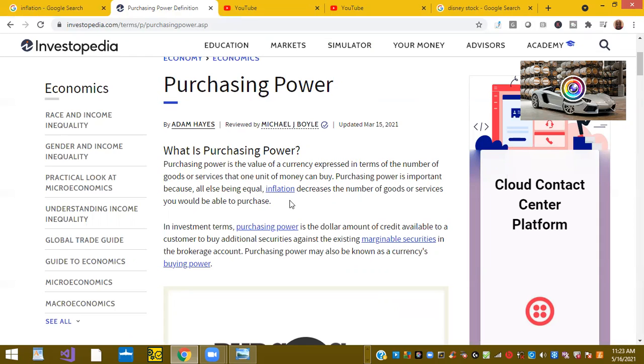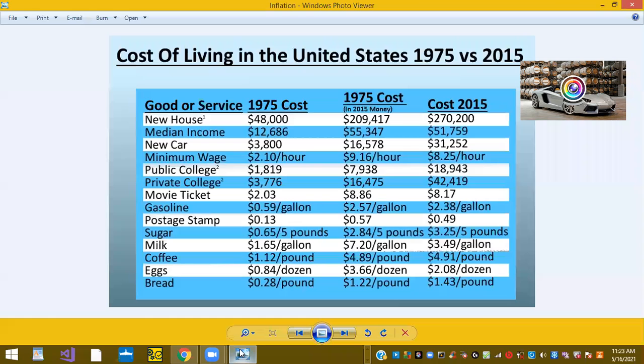So I've got a chart here, and it shows the cost of living from 1975 versus 2015. And I know we're up to 2021, but this is just a perfect example of what inflation does. So here is the cost of a new house back in 1975 was only $48,000.